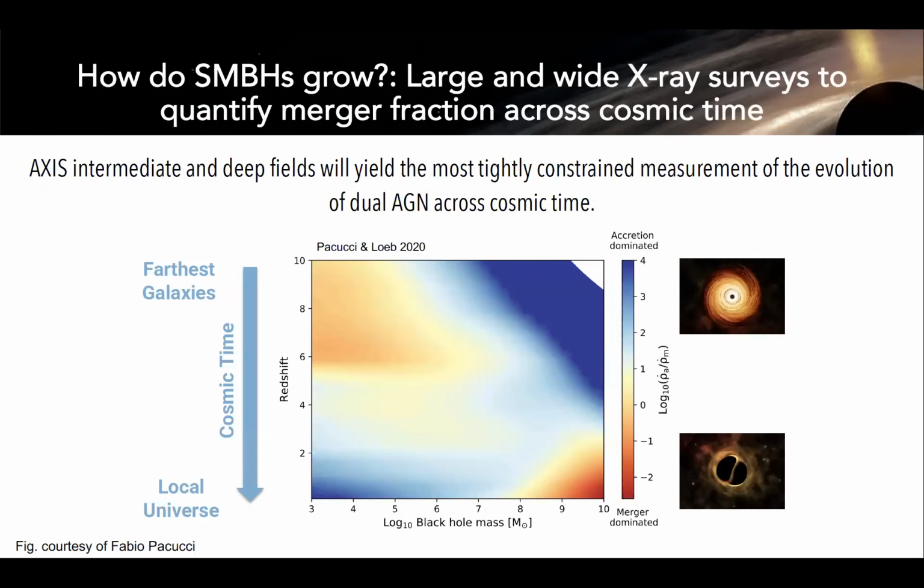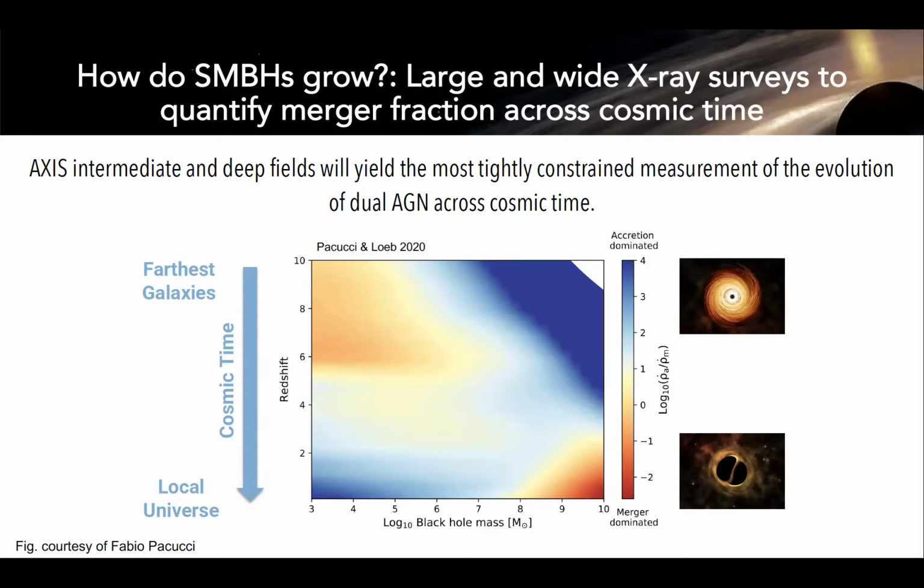Okay, another really big question that Axis is going to give us a lot of insight on is how do supermassive black holes grow? And the Axis fields will yield some of the most tightly constrained measurements of the evolution of dual AGN across cosmic time.